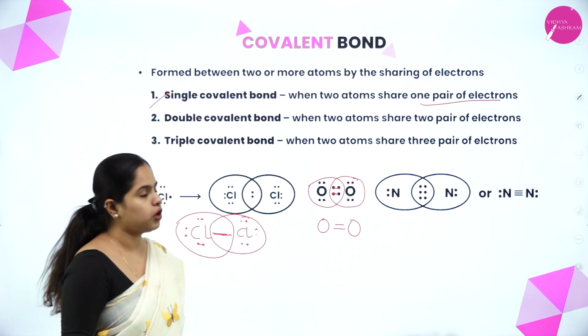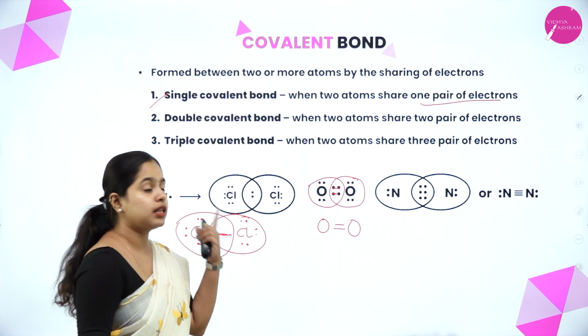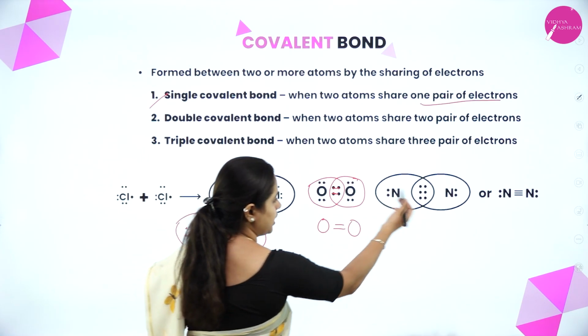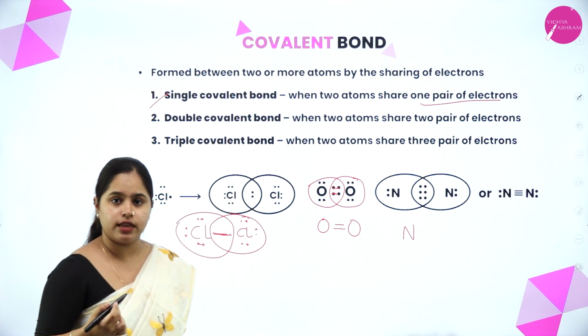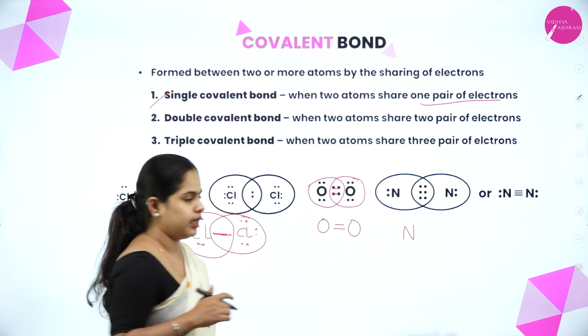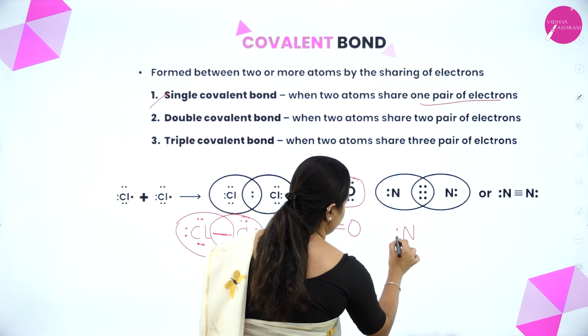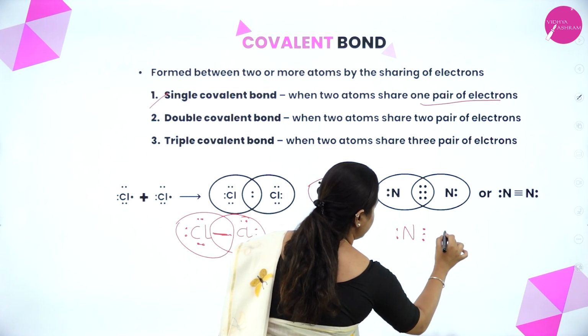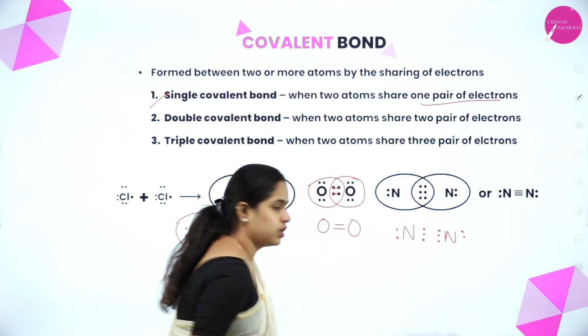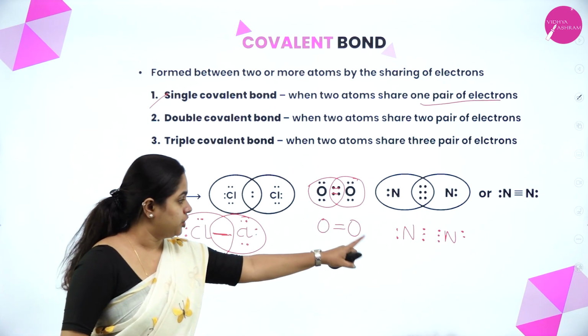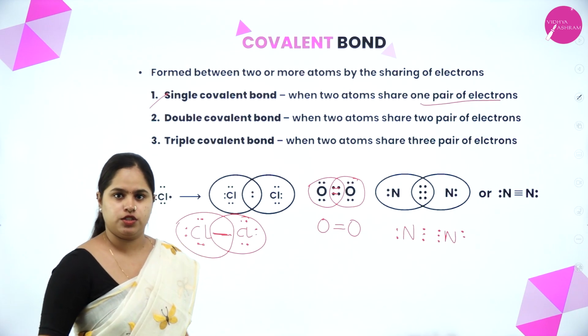Now, moving to the triple covalent bond, when 2 atoms share 3 pairs of electrons. Let's take the case of nitrogen. How many valence electrons are there in nitrogen? It is 5, right? So, 1, 2, 3, 4, 5, and the other nitrogen atom also has 5 valence electrons. Now, they share 3 pairs of electrons with each other.